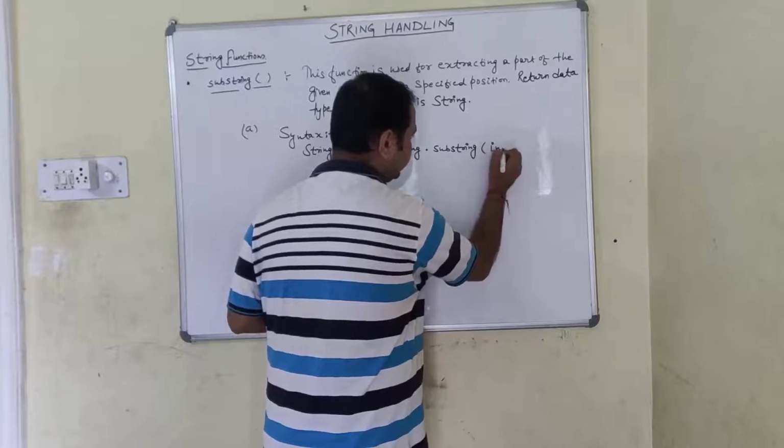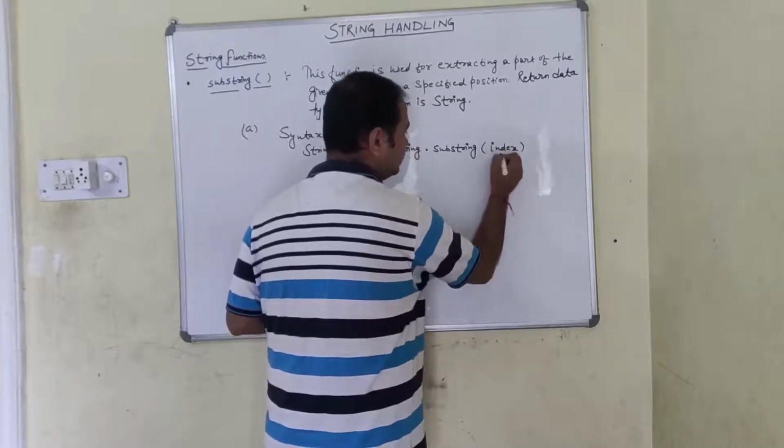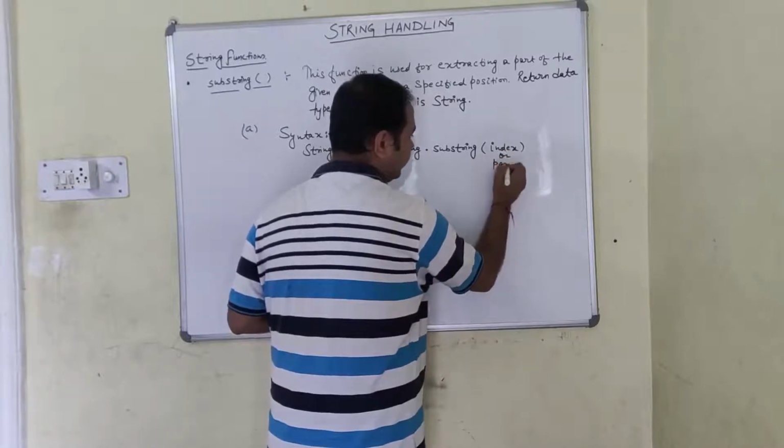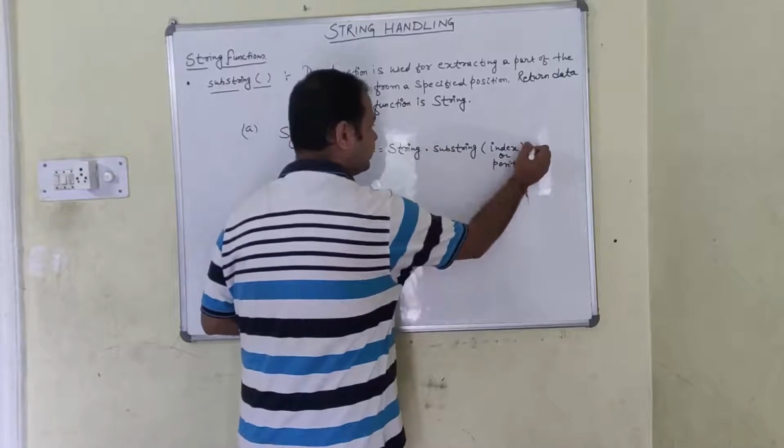What will I specify here? The index, or you can see it as the position from where I have to apply the substring. Then we put the semicolon.